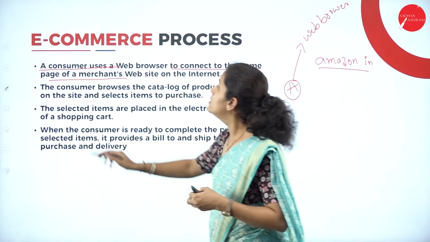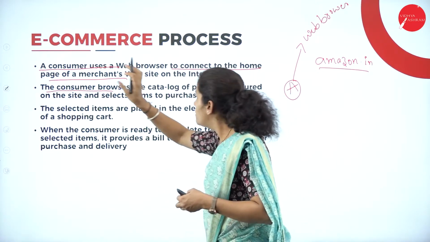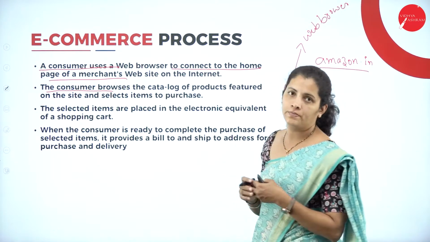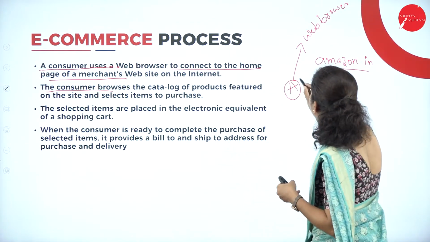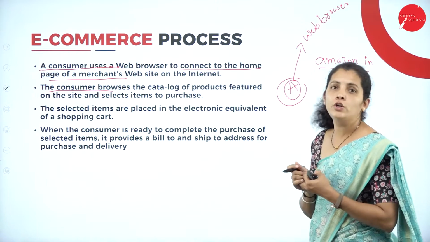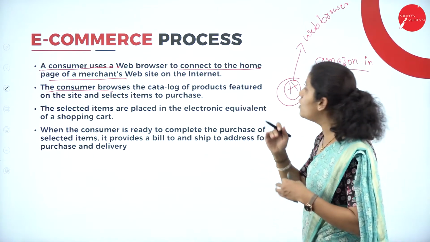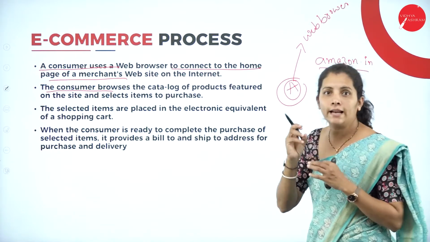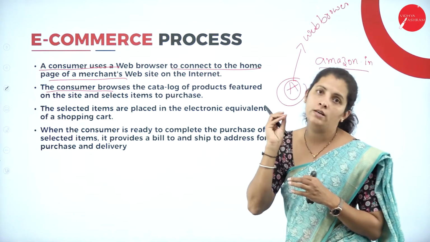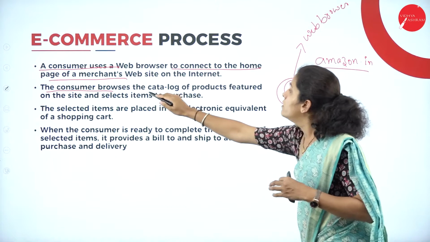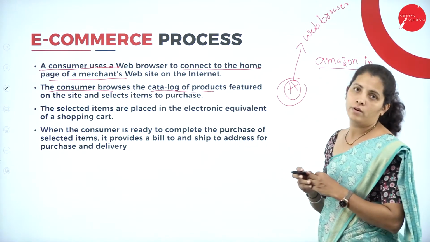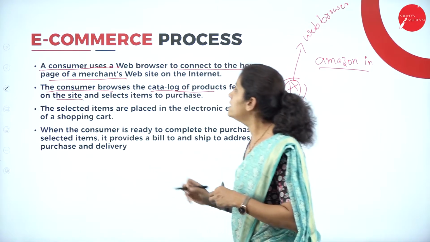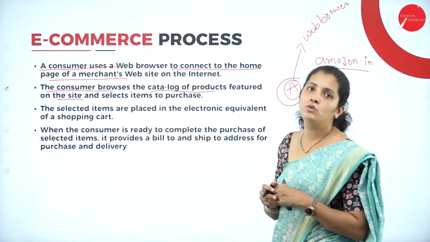Then the consumer browses the catalog of products. I repeat, the person A is going to browse the catalog of products. That means he is going to browse the electronic item called mobile in a catalog of products featured on the site and select the item to purchase.